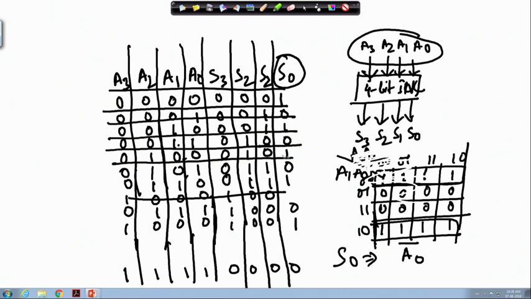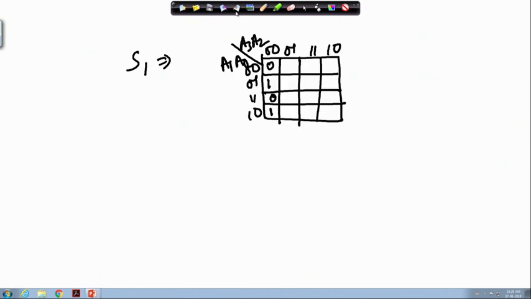Then again if I go back, for 4 what is the value? 0 here. And for 5 this is 1, for 6 this is 1, and for 7 this is 0. So, again you go back. For 4 this is 0, for 5 this is 1, for 6 this is 1, for 7 this is 0.